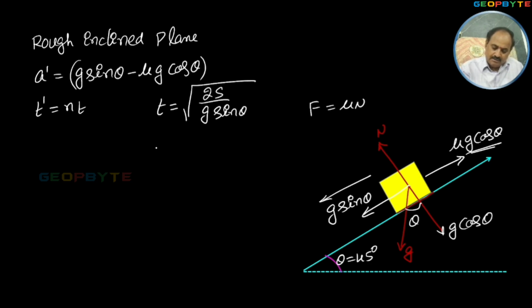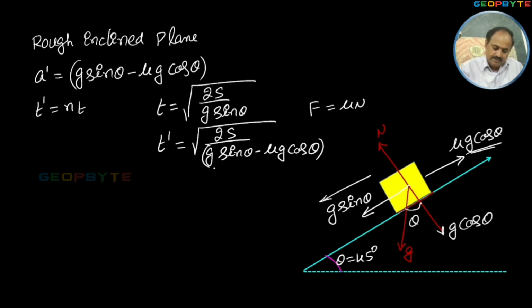Then what can be the t dash value? Here t dash equal to root over 2s by g sin theta minus mu g cos theta. Then t dash by t equal to n. Let us substitute the t dash value.